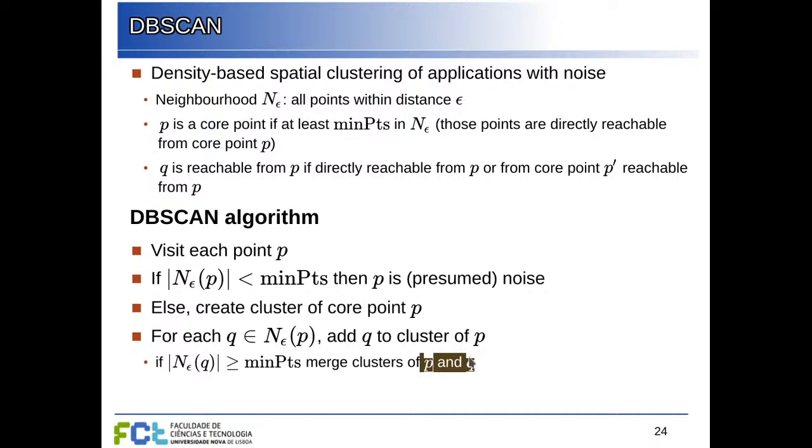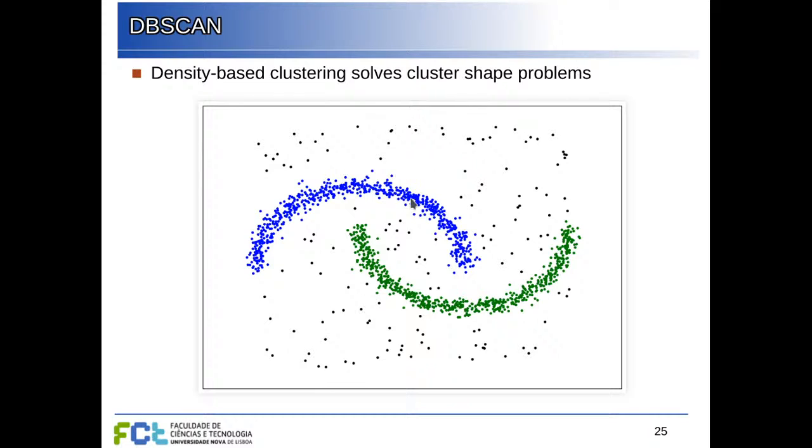So if any core point is a neighbor of another core point, these will form the same cluster. Now the result of this, when we follow all the points, is something like this. If we have these data, these will be part of one cluster because we have lots of core points here that are neighbors to each other, and they force all of these initial clusters to merge together into one single cluster.